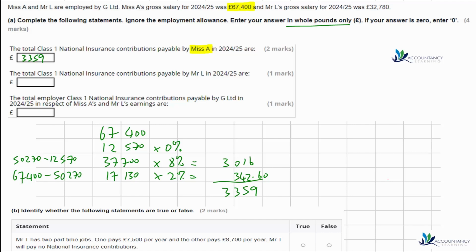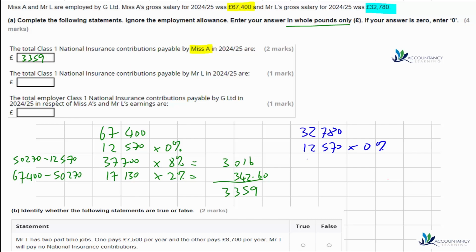And then what about for Mr L? Mr L is earning 32,780, so a little bit less in this case. So let's go through that. We've got the 32,780. Again, the first threshold, 12,570, is free of national insurance. Then we just need to work out the difference between the 32,780 and that threshold.